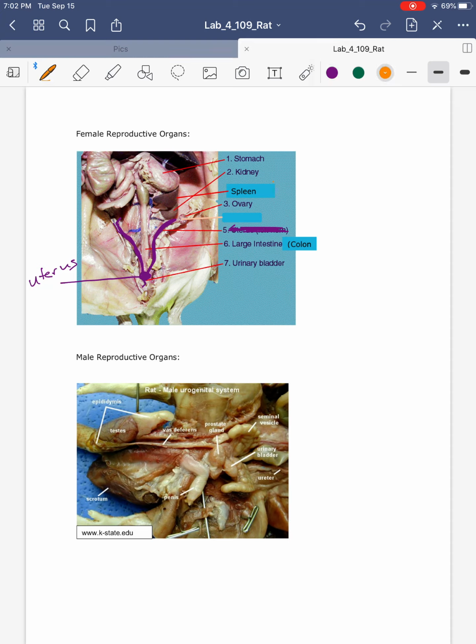And then at the top of each of those is a little ball. So at the top of the V is a little ball called the ovary. So for the female reproductive system, we have a V. At the bottom of the V, where it comes together, is the uterus. And at the top of each one is an ovary.